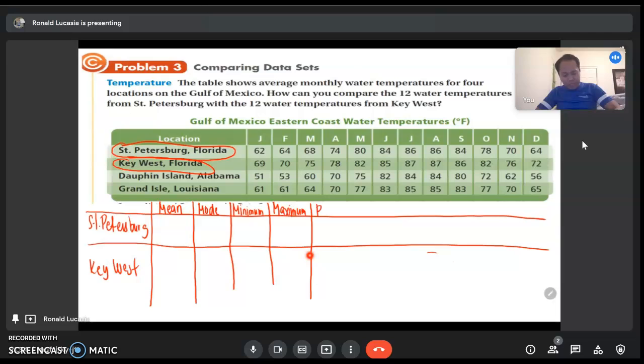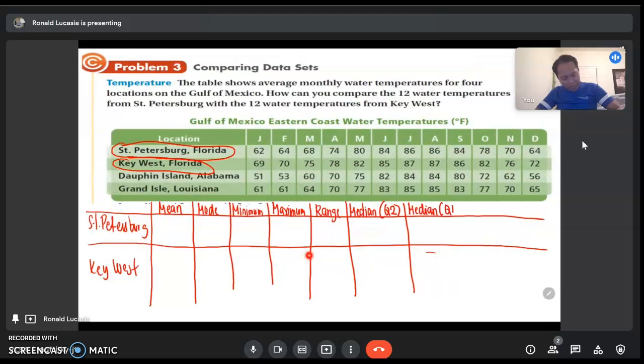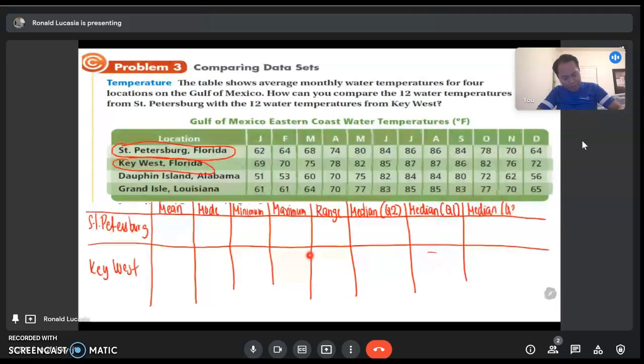The range. You have to find the median, or that's the quartile 2. You have to find the median lower, or quartile 1, and you have to find the median upper, which is quartile 3.